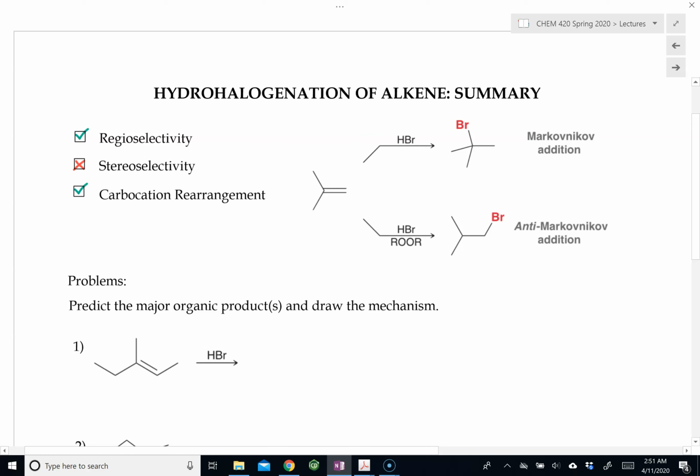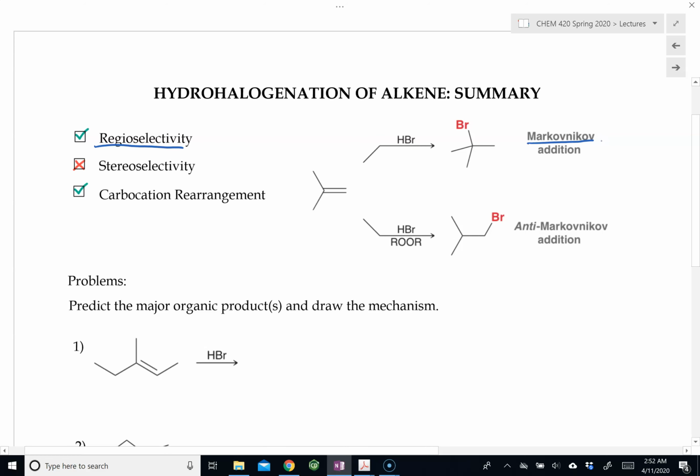And in summary, this is how the hydrohalogenation reaction proceeds with reduced selectivity. And again, we can either produce a Markovnikov product or the anti-Markovnikov product. In most traditional hydrohalogenation reactions, where we make sure our flask is very clean and we do not have a trace amount of peroxide, then we'll be favoring the Markovnikov product.